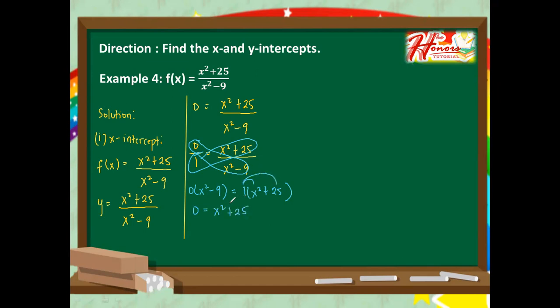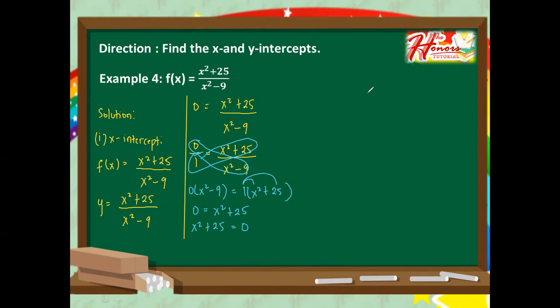Now let's interchange the places of the left and right side of the equation. So it will become x squared plus 25 is equal to 0. And then our goal is the same. We have to have x only at the left side of the equation.